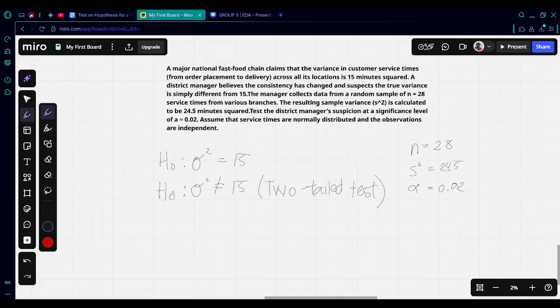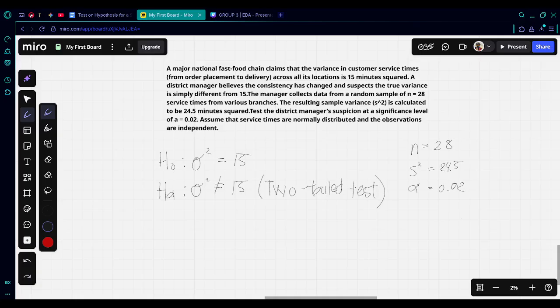So we have here our null hypothesis, which was stated in the problem: the variance in time across all its locations is 15 minutes squared. So this is our null hypothesis. For our alternative hypothesis, it was stated in the problem that the district manager believes that the consistency has changed and suspects the true variance is simply different from 15.